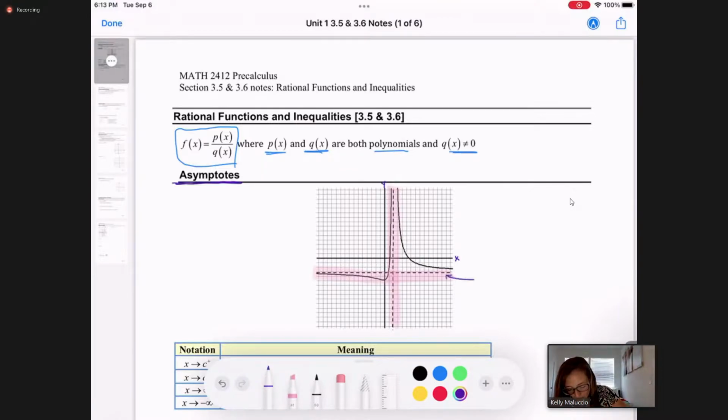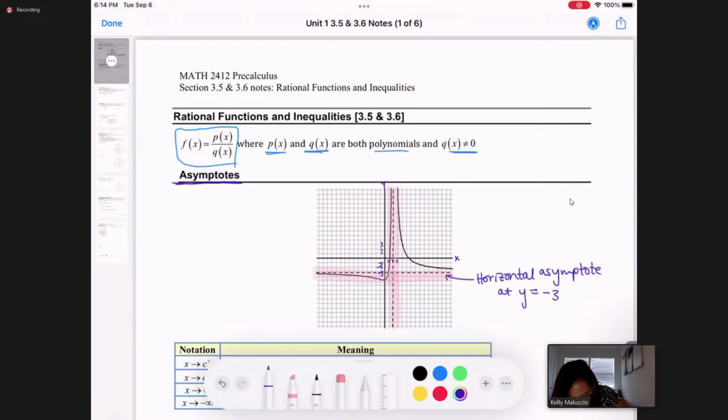So this one here is the horizontal asymptote. In this case, it's at y equals, let's see, we're assuming these are by 1, so -1, -2, -3. So y equals -3. We'll just assume these are all 1, 2, 3.